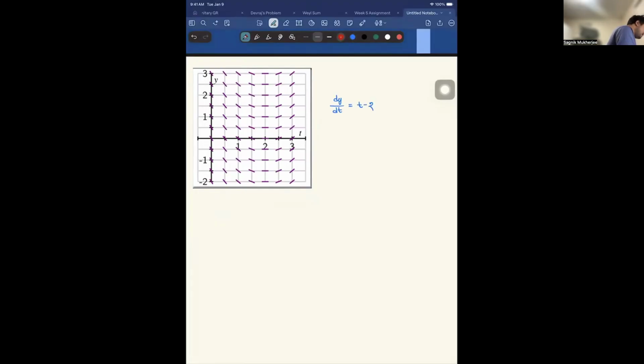You can see that at t equals 0, at this y coordinate, the tangent is a line of slope negative 2, right? So at t equals 0, maybe I should make a table.